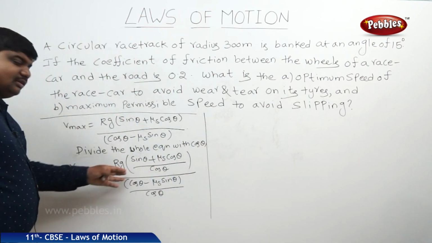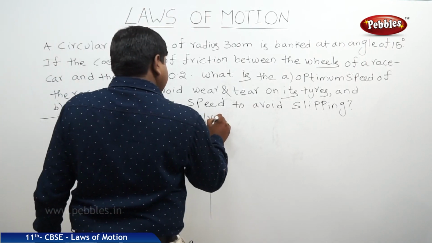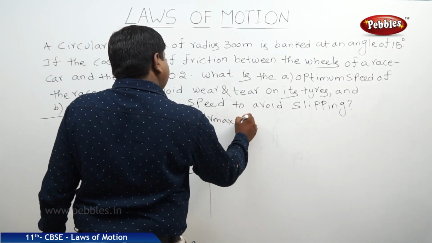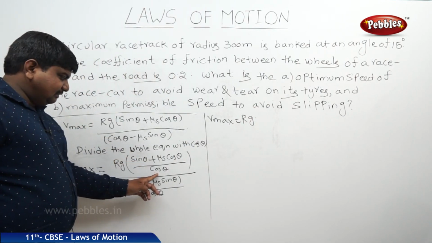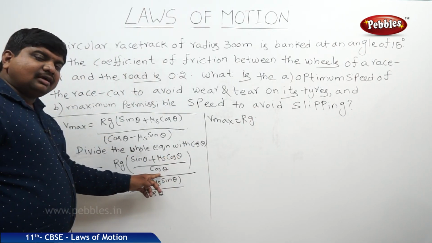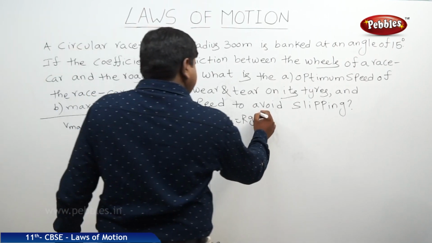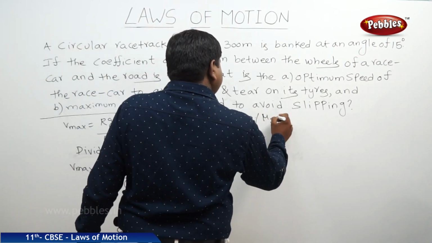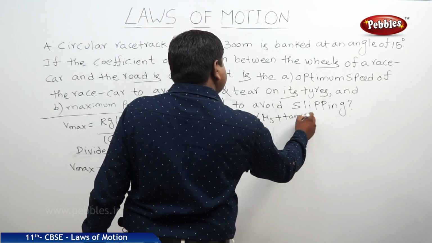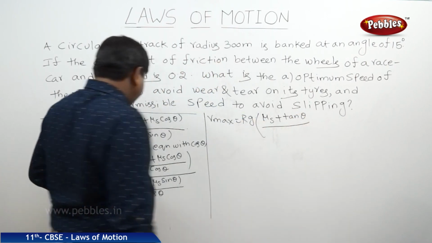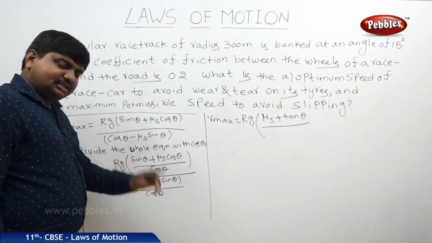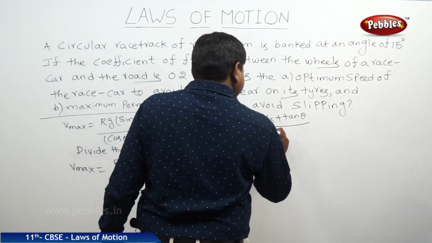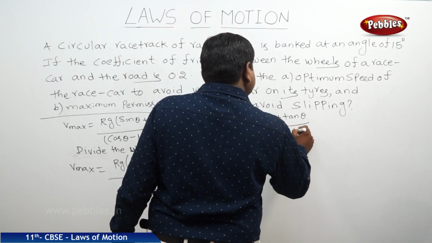The simplified form of this equation is: v max is equal to Rg into, here we can write sin theta by cos theta as tan theta, plus mu s cos theta by cos theta as mu s. Therefore it is mu s plus tan theta, whole divided by 1 minus mu s tan theta.